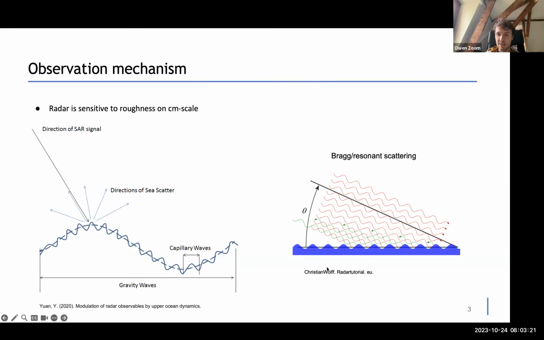And the main mechanism there is something called Bragg scattering or resonance scattering, where if we have all these small scale waves, these capillary waves, fortuitously spaced, we get an increased signal back. So anything oceanographic or atmospheric that influences these very small waves is something that we can observe in our radar images.